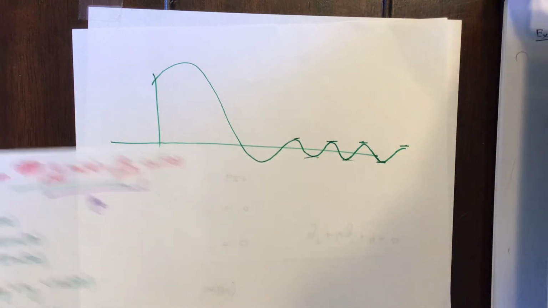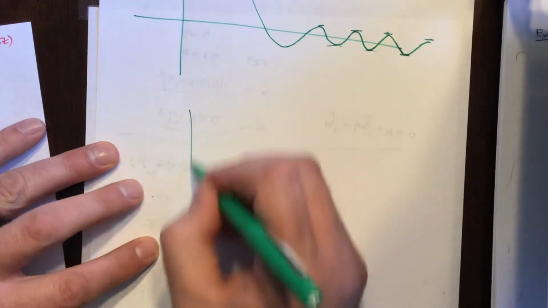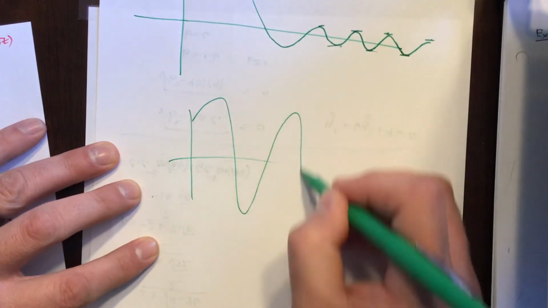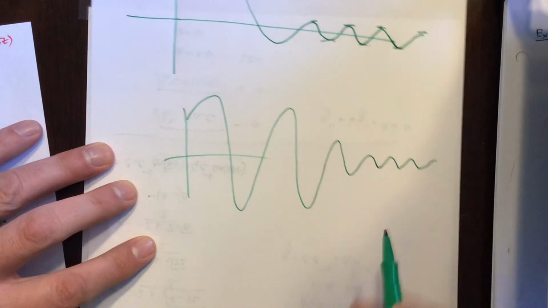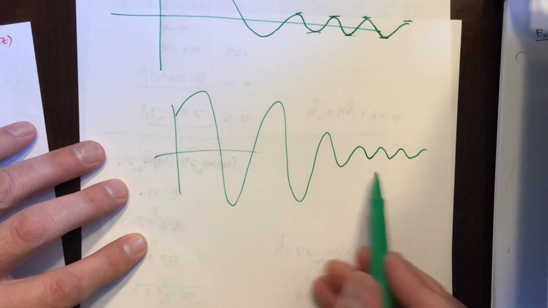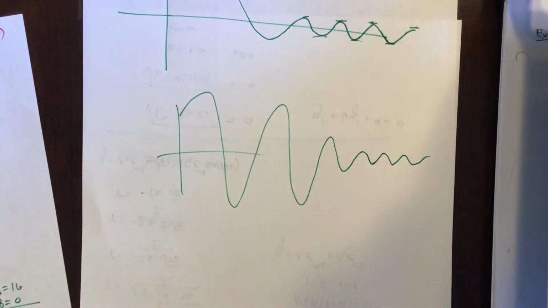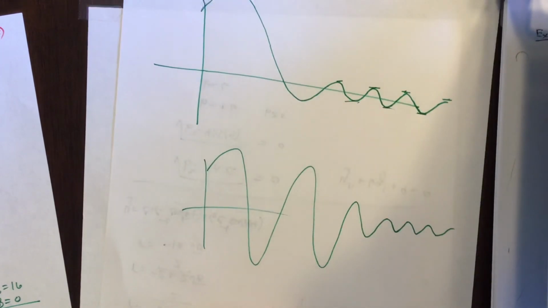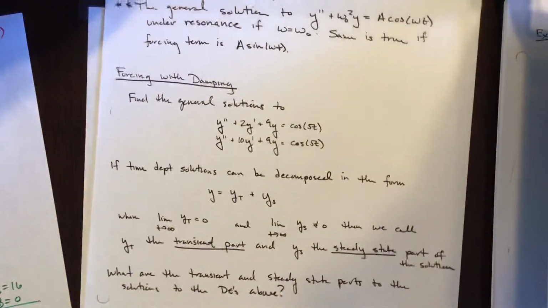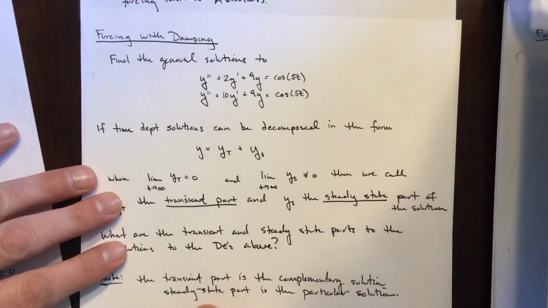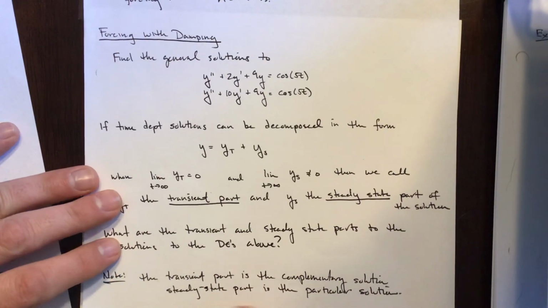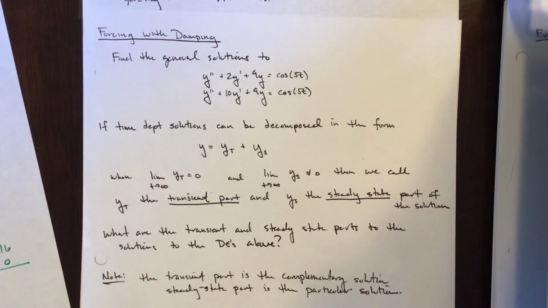So the transient part is really the up and down, and the steady state is the part that remains over time. The second graph is probably a little bit better visual as to what's going on. And one last thing to note, the transient part is the complementary solution. The steady state part is from the particular solution.